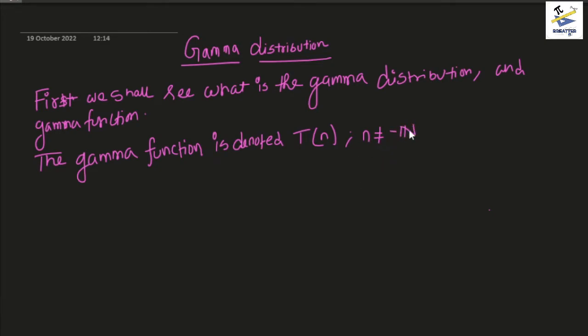That's what I mean. Obviously it cannot be 0 as well. So gamma of n, first let us define it for natural numbers.